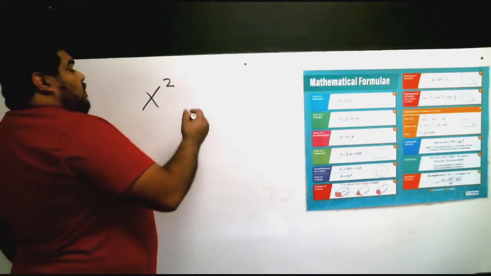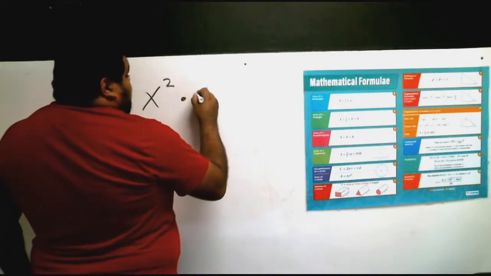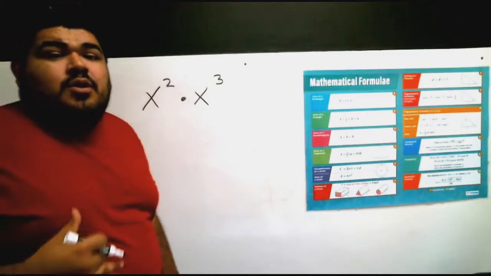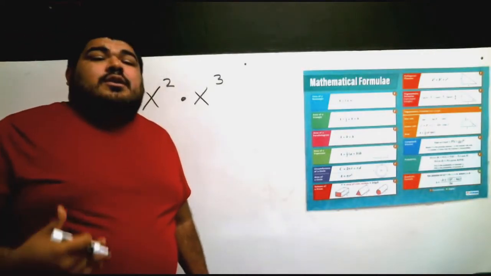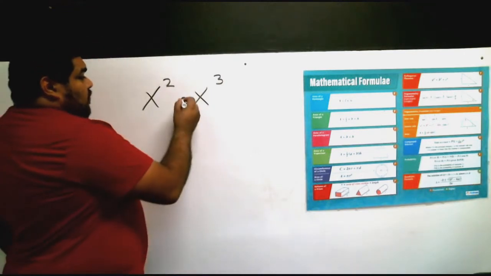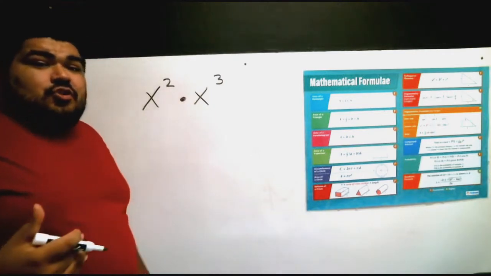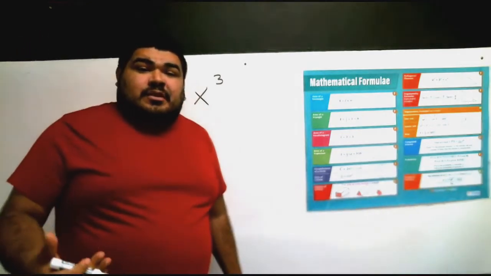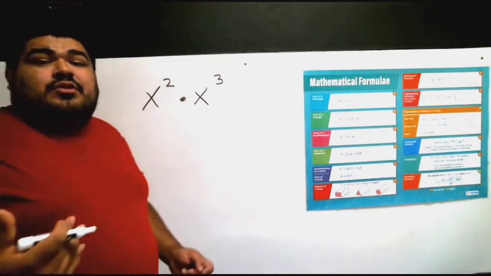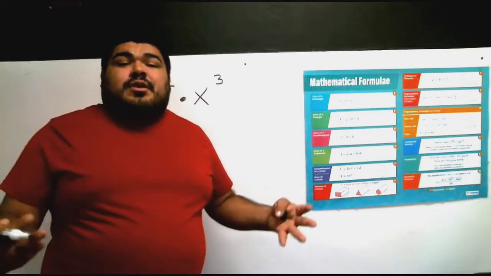x to the second power times x to the third power. The rule is when you are multiplying, hint, hint, it's in the rule, when you're multiplying two numbers that have variables, obviously today we're doing just variables, no numbers.